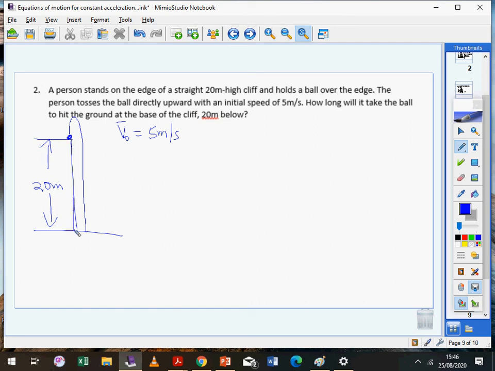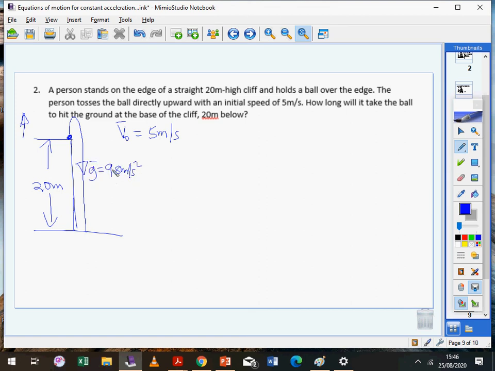Now in questions like this that involve falling either upwards or downwards, first of all, you know that acceleration is the acceleration due to gravity, but it's very important for you to choose your convention. What I mean is, choose for yourself which direction is positive. If you want up to be positive, then be consistent with what you've chosen. And if you want down to be positive, again, be consistent. Now, naturally, we know the acceleration due to gravity is downwards, which is 9.8 meters per second squared.